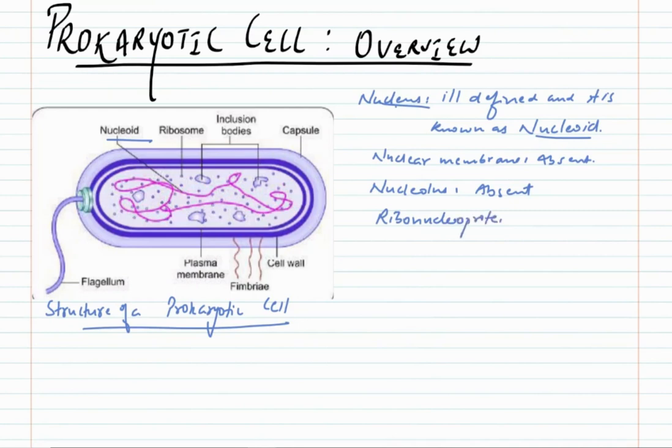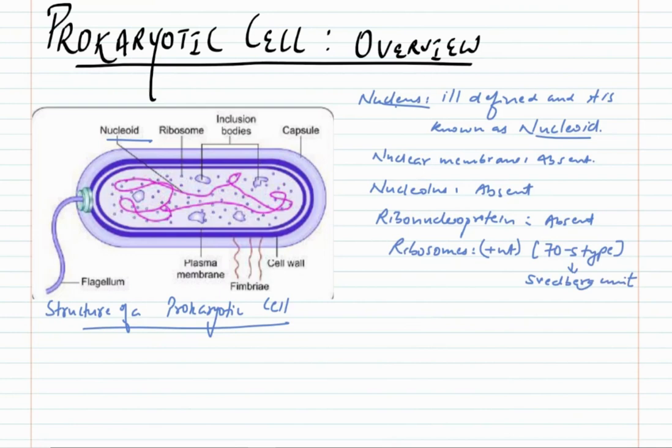ribonucleoprotein is also absent, although ribosomes are present and are of 70S type, where S stands for Svedberg unit.